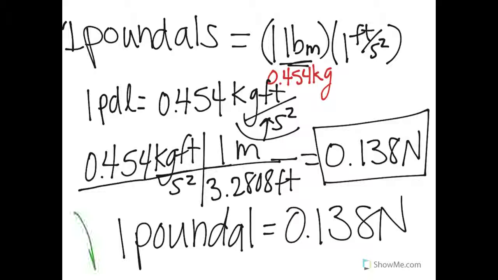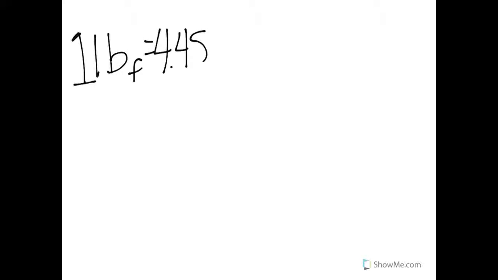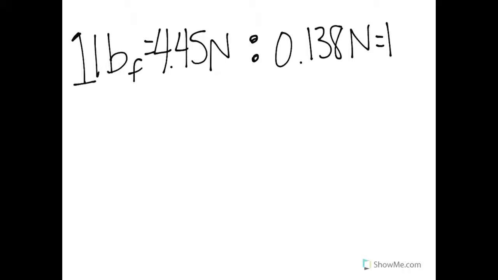Okay, so next, since a poundal is a force, we often want to compare it to pound force. So we have 1 pound force is equal to 4.45 newtons, and we can put that in a ratio to the 0.138 newtons, which is 1 poundal.